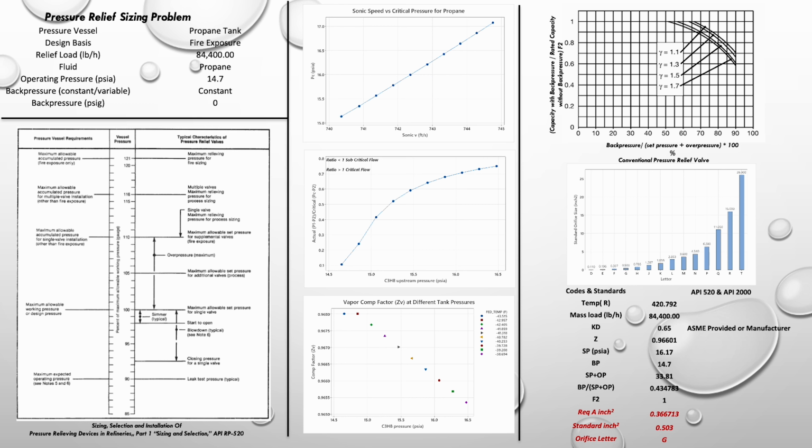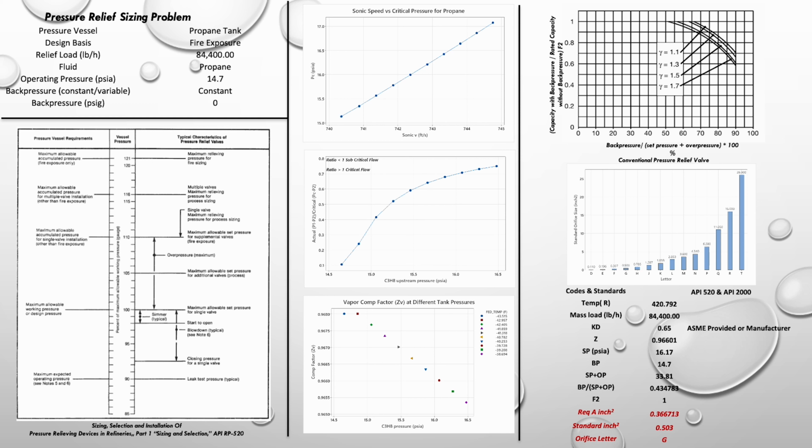That's why that factor is embedded in that standard and code relief method calculation. And that's why, if you are in sonic flow, you're always going to find this to be 1. F2 most likely is going to end up being 1 in gas service. Why? Because the back pressure doesn't matter. It literally becomes independent of the back pressure, and that's why it ends up being 1.